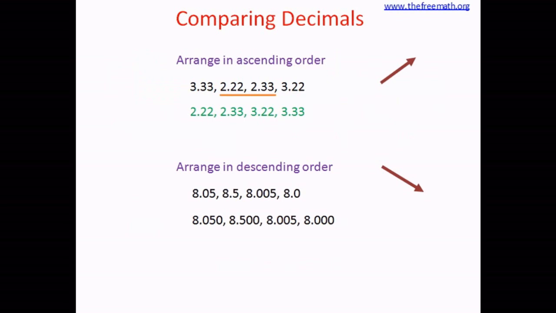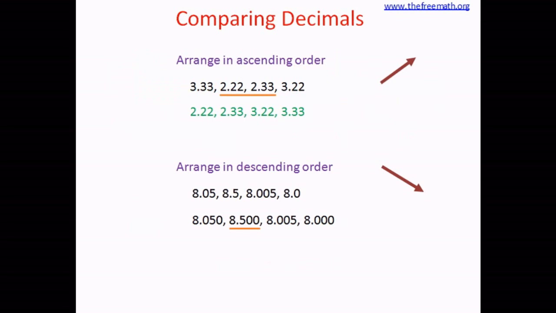Since the whole number part is the same everywhere, let's look at the tenths place. Now only in 8.500 there is 5 at the tenths place. Everywhere else there is 0 at the tenths place. That means this is the biggest decimal. So let's start with 8.500.